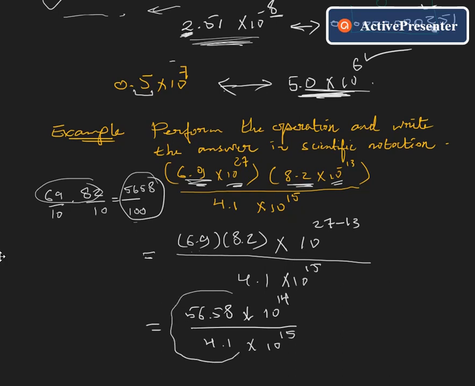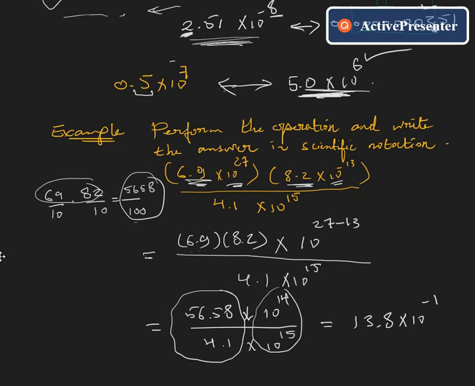This is eventually equal to 13.8, and this is, of course, 10 to the power 14 multiplied 10 to the power 14 minus 15, so it is 10 to the power minus 1.